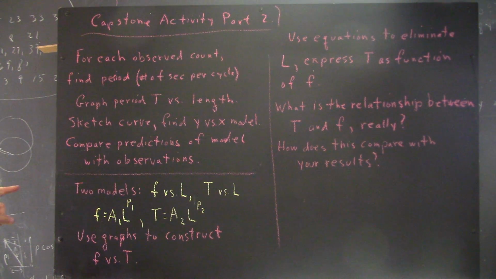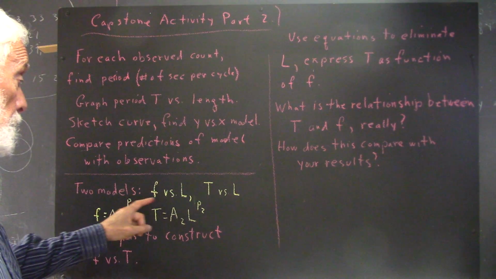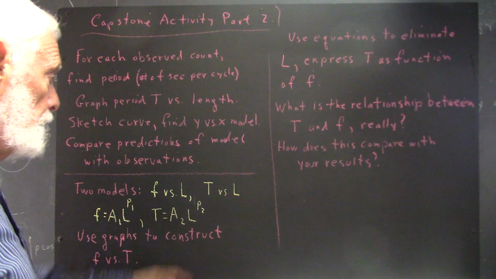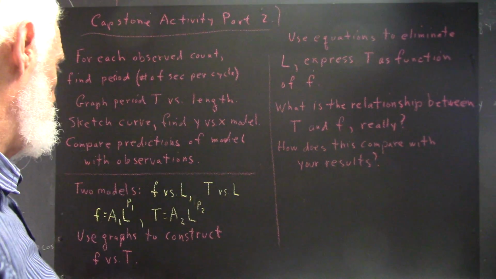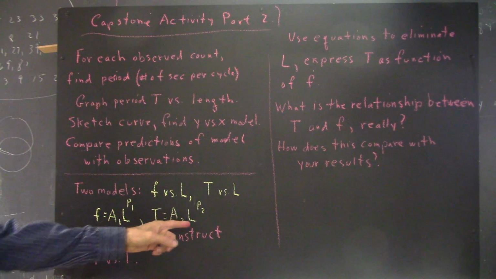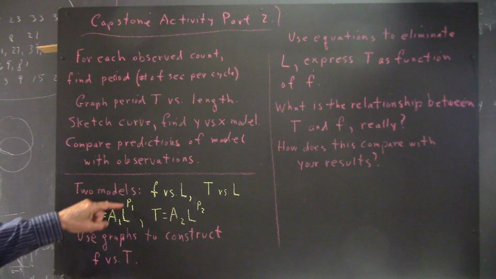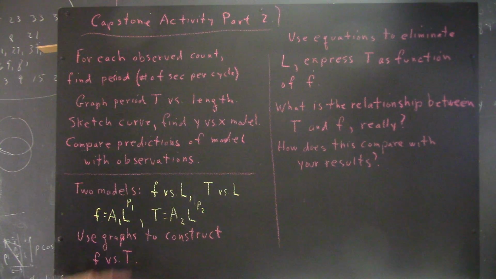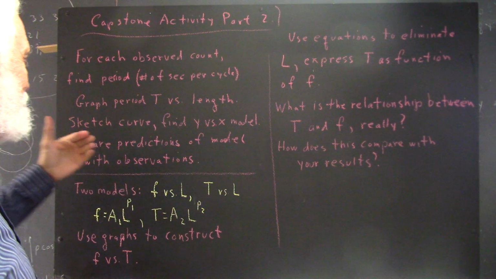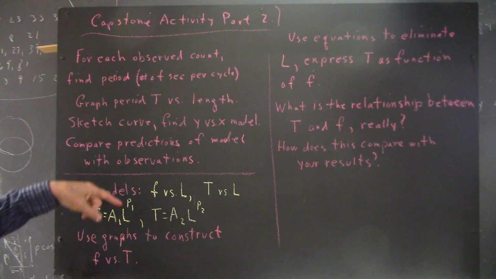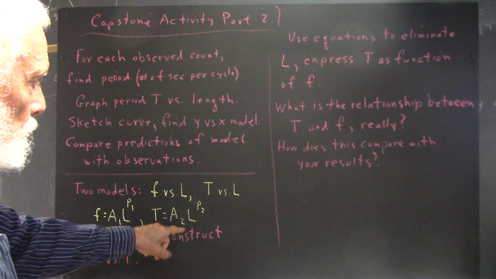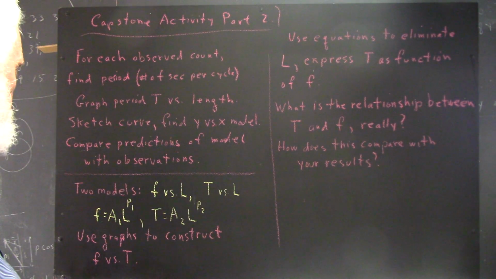Now, this gives us two models. We have a model for frequency versus length, and we have a model for period versus length. I'll represent those models as F equals A1 times L to the P1, and T equals A2 times L to the P2.